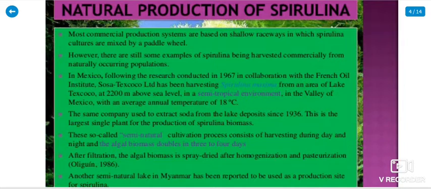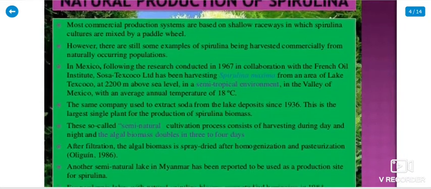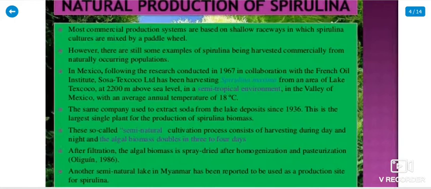In the Valley of Mexico, with an average annual temperature of 18 degrees Celsius, the same country had been extracting soda from the lake deposits since 1936. This is the largest single plant for the production of spirulina biomass.